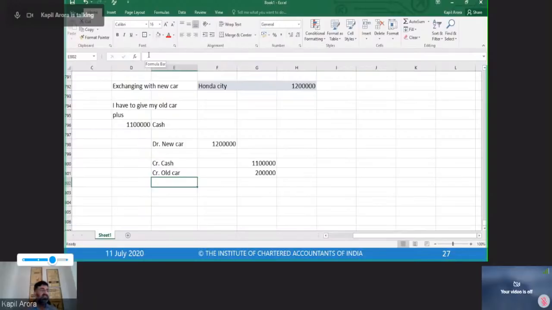Right? How would the difference be treated? The difference here: I am getting an asset of 12 lakh by giving an asset worth 13 lakh from my books. So the difference here is actually the loss on disposal.